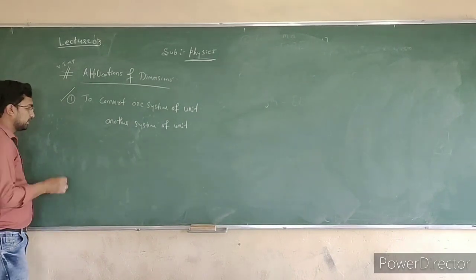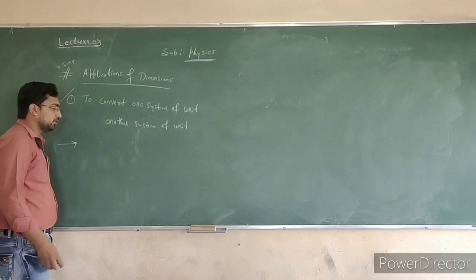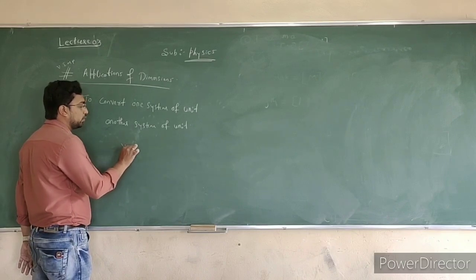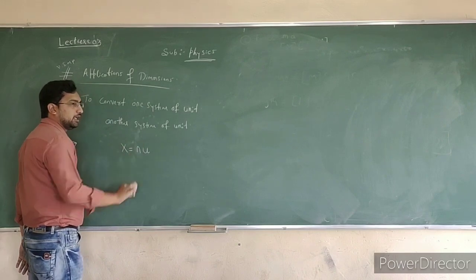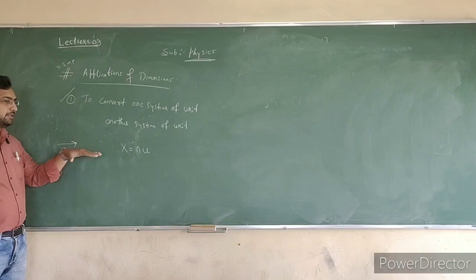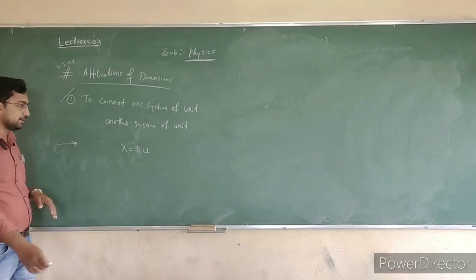Okay, so first we see the general expression. Already we know that to represent a physical quantity we require two terms: one is the numerical value and the other is the unit. So here we are going to convert this physical quantity from one system of unit to another system of unit.